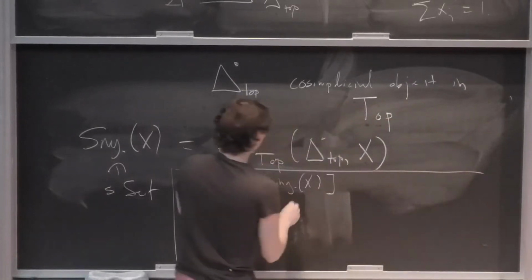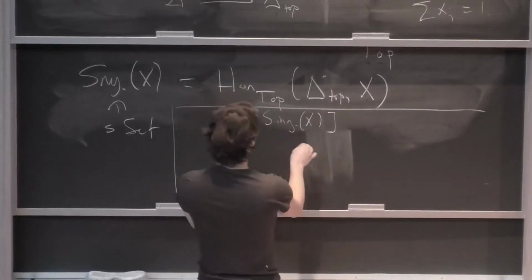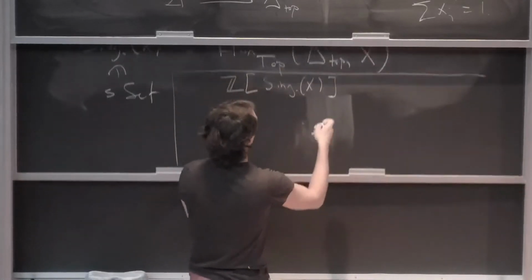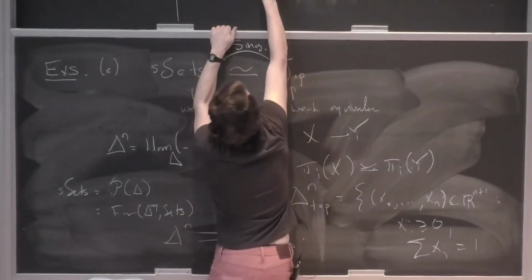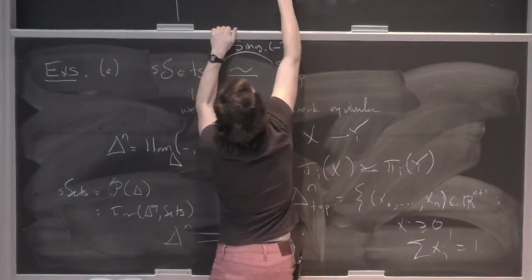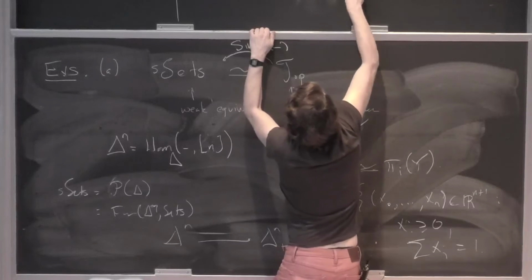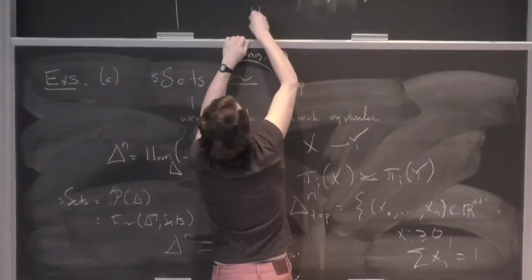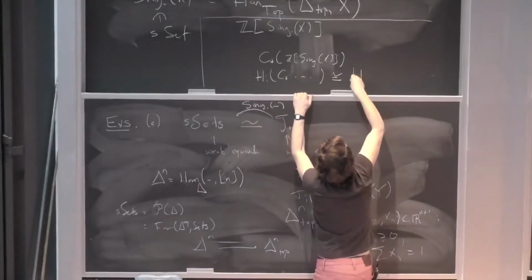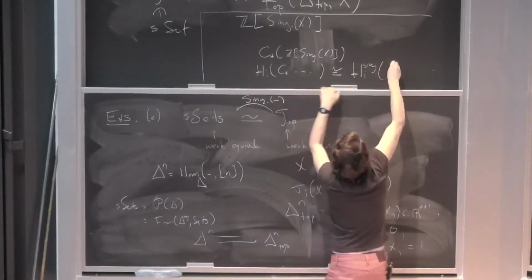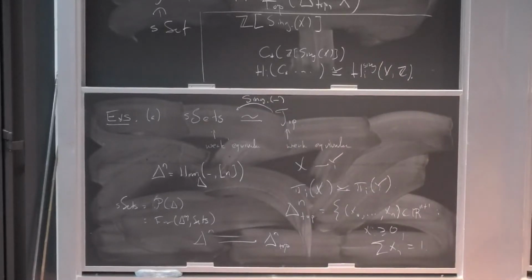And now from such a thing, I can cook up a chain complex. Okay, so let me explain that on the next board, but let's just say now I can cook up a chain complex from here, and the homology of this chain complex is isomorphic to the singular homology of X with coefficients in Z, as you would learn about it in algebraic topology 1.